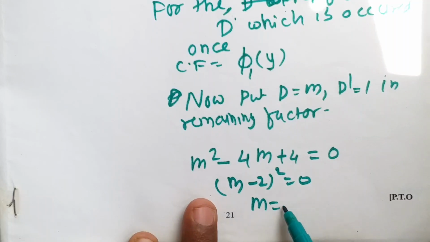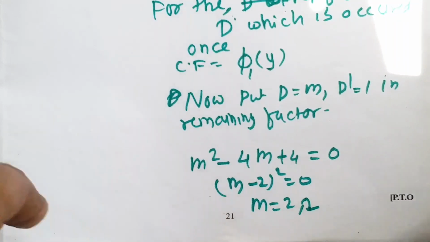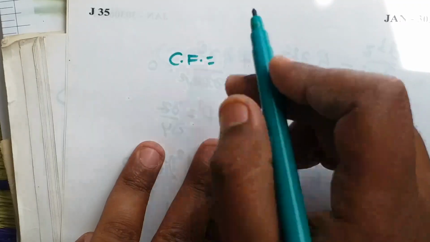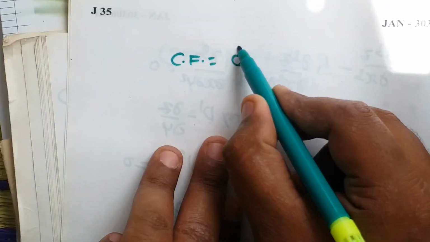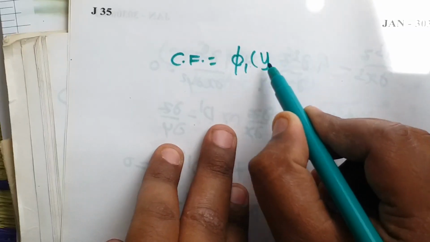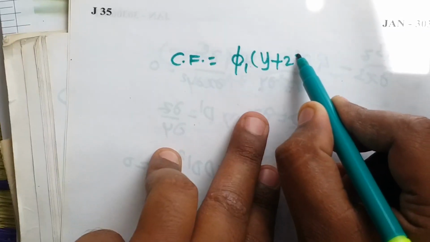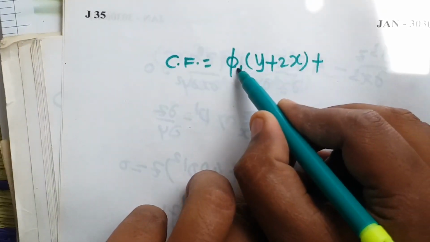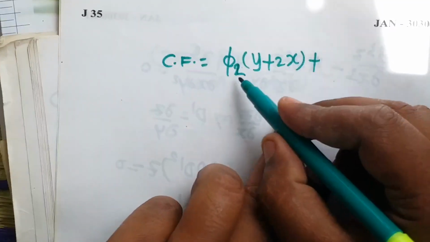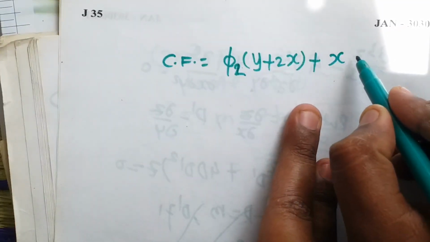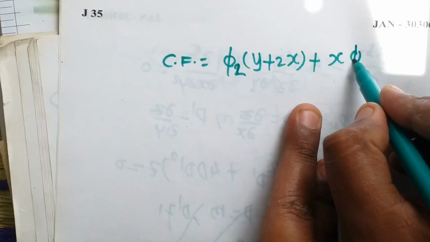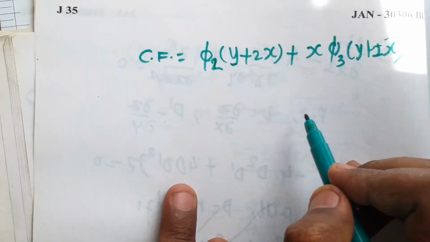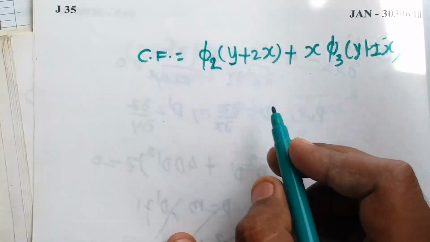So the roots will be m equal to 2, m equal to 2. 2 is the repeated root. Hence the CF for repeated roots is phi 2 of y plus mx. The root is 2, so y plus 2x, plus multiply the second arbitrary function. I will take here phi 3 because phi 1 we have already taken. To the second function we multiply by x. Phi 3 of y plus 2x again. The same bracket we write for repeated roots. So this is the CF corresponding to the remaining factor.